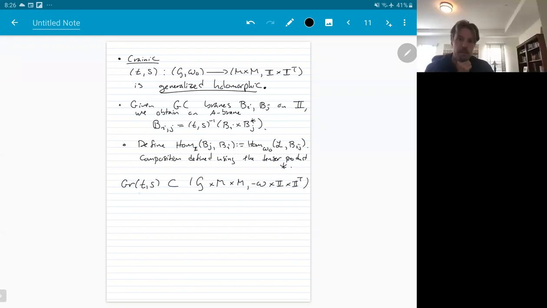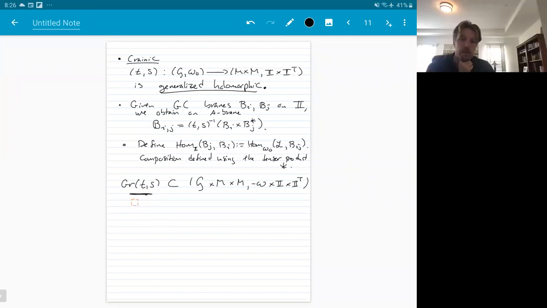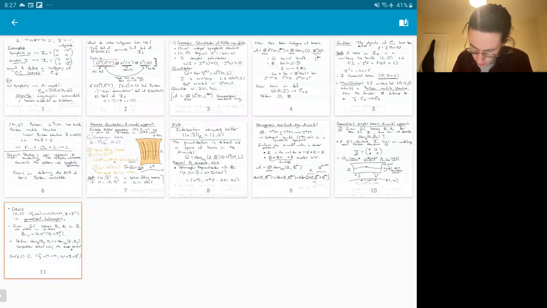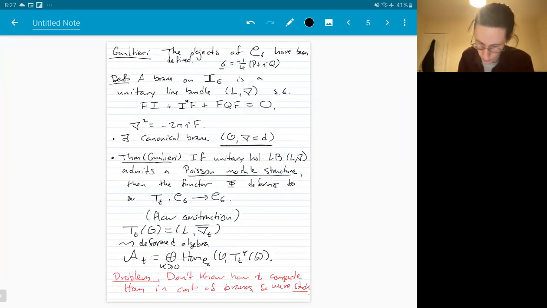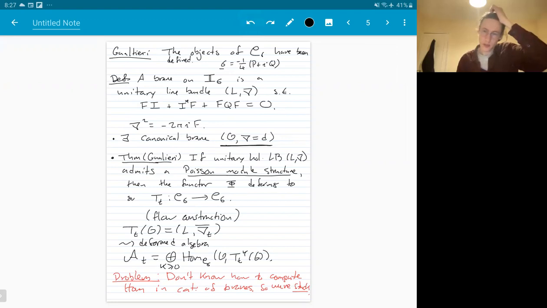And this submanifold has to be equipped with the structure of a brane. So it has living on it a line bundle with connection, which satisfies some equations similar to this one that I wrote here. I see. And so that's what you need to pull things back.